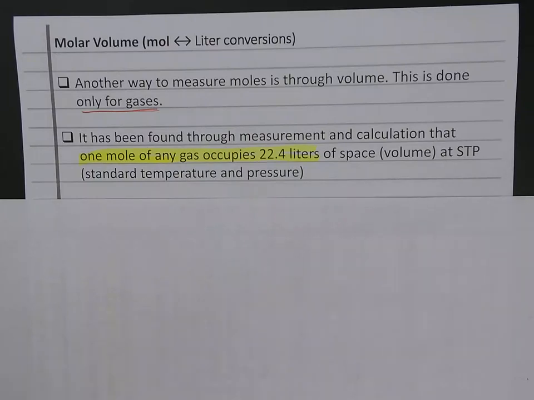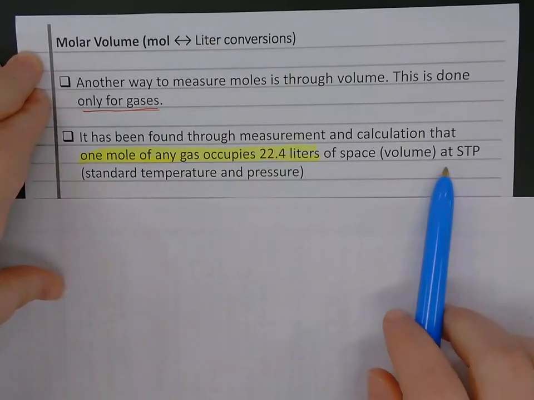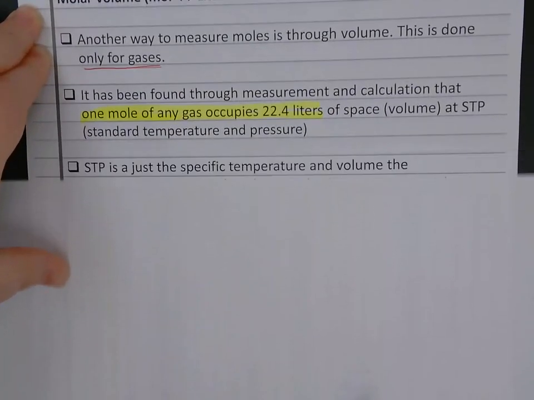It's because the gas inside is expanding because of the temperature, and it expands too much and your balloons can't handle it and they pop. It's not good. So a little bit of temperature change can cause a gas to expand, or if we drop the temperature of a gas, it'll cause it to contract and take up less space. So we have to be specific on what conditions we're measuring this under for gases. So those conditions are called standard temperature and pressure.